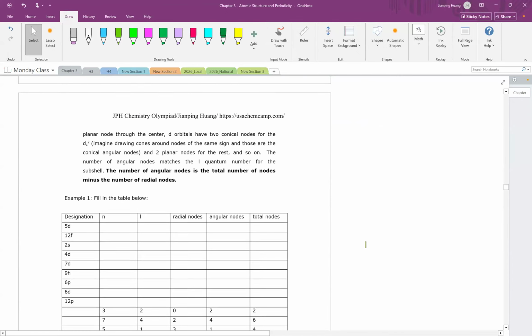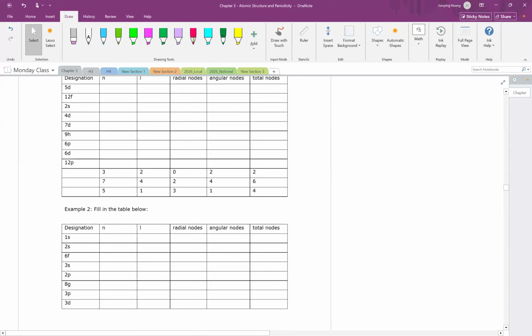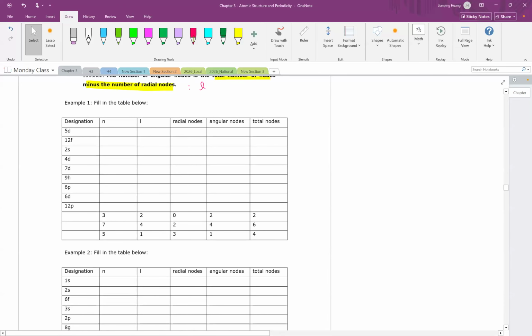And the angular nodes is the total nodes minus radial nodes, which should equal L. Can you go to your class notes, page 58?